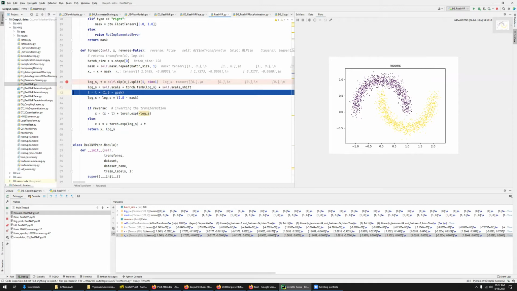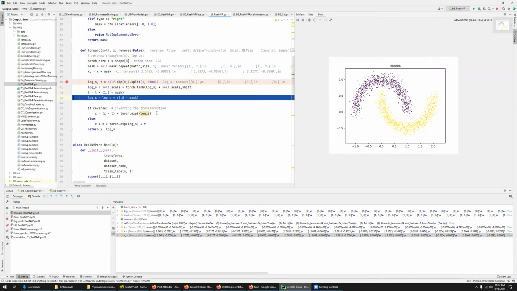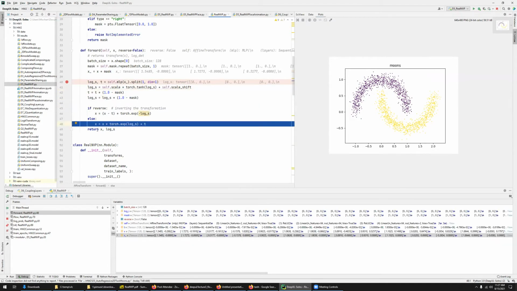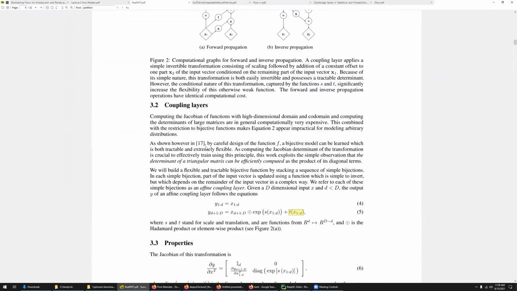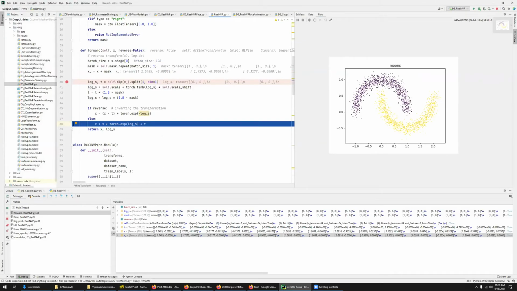And then this is just a fancy way of turning it back into 2 dimensions so that they can multiply it. So the idea is the one in the paper is X multiplies itself into the exponent of the log S, and you add the shift. But inside there's an extra neural network that computes the log S, and there's an extra tanh applied to everything.